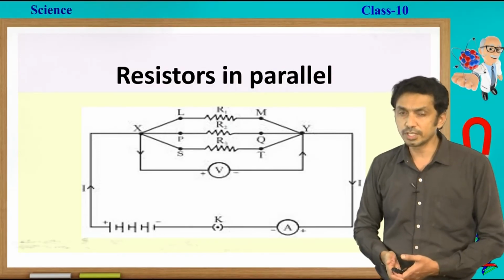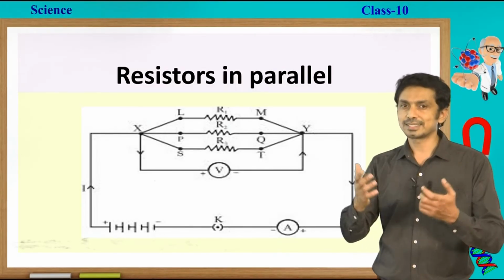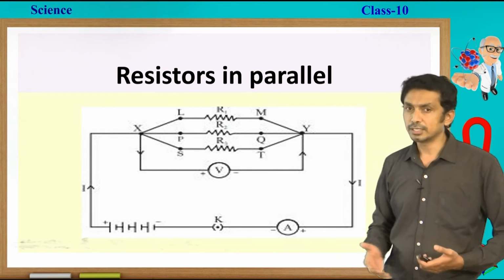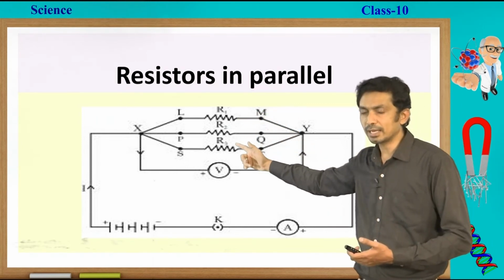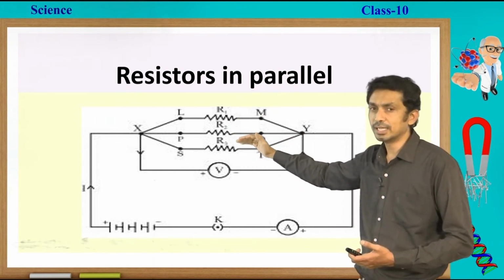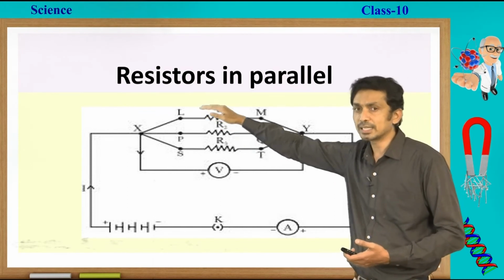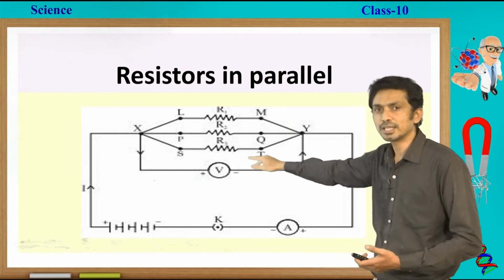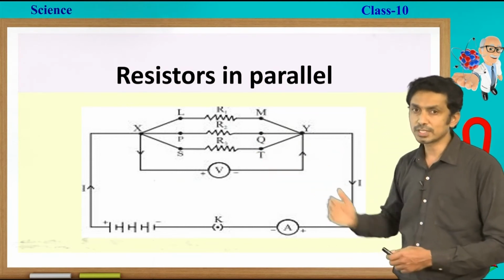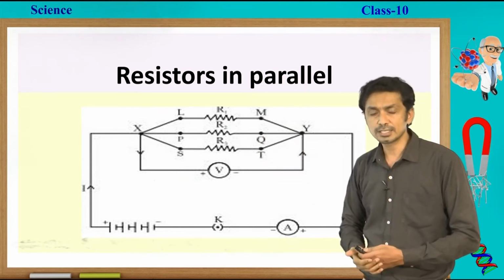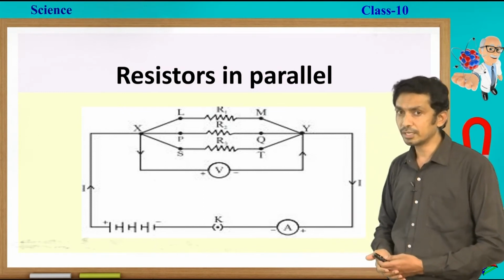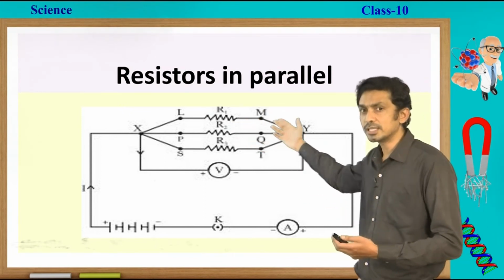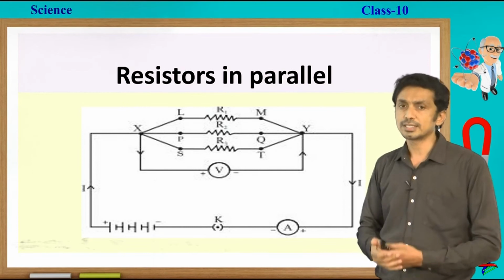So children, what did you learn through this activity? Yes, you are right. You learned that when we connect the resistors in parallel, that means one below the other, then the electrical current that is flowing also changes in each resistor. It was unlike the case of resistors in series, where the electrical current was the same in all the resistors.